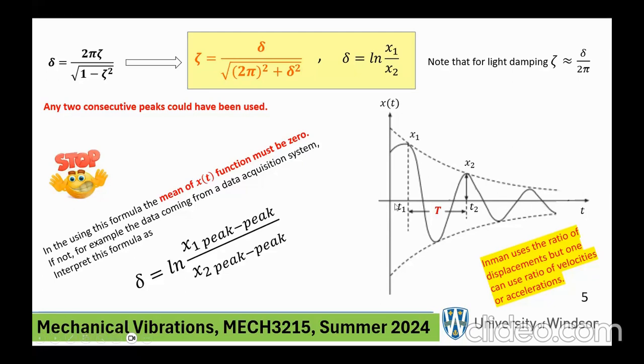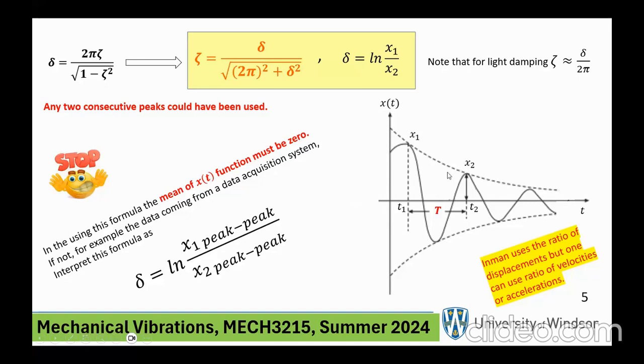But if you looked at your screen and the plot was hovering around an average value, a fixed value, here it is hovering around x equal to 0.